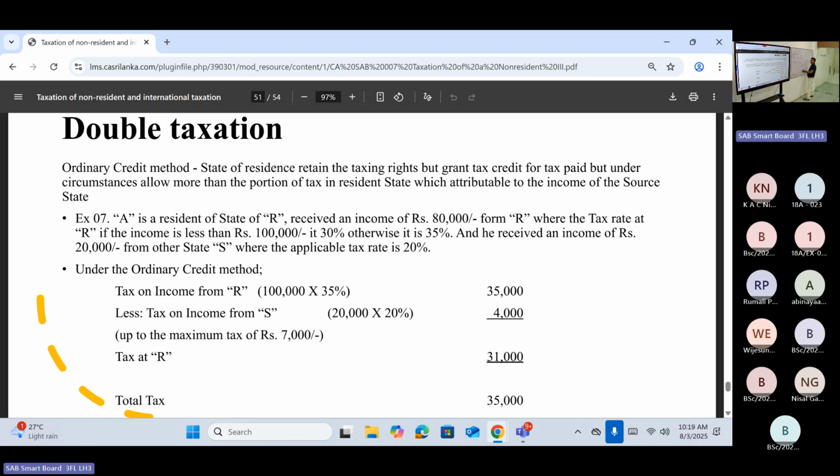If there is no DTA, he has to pay 39,000 in country R. No change. Now the tax benefit is 4,000.